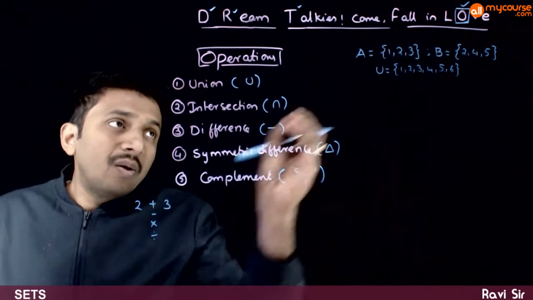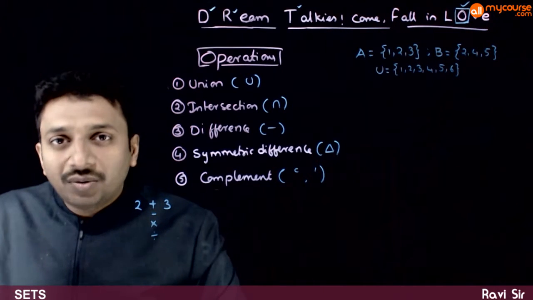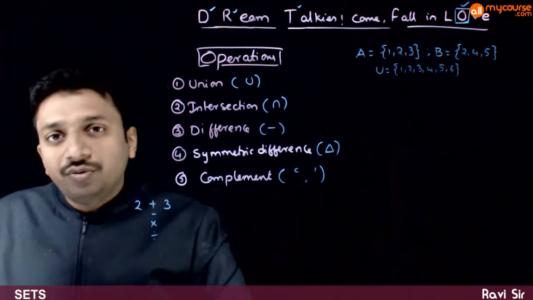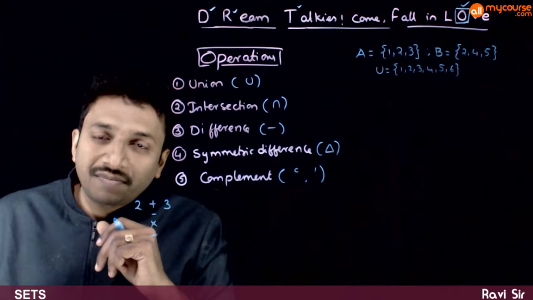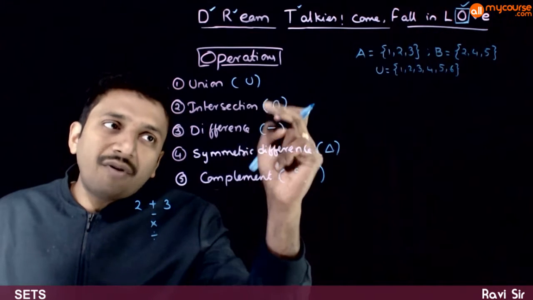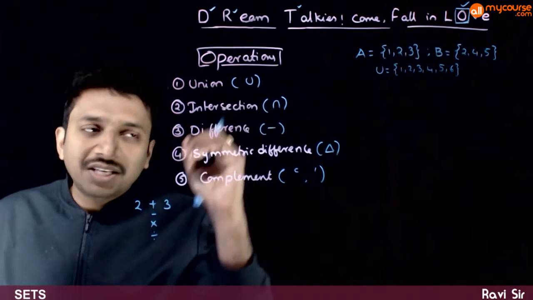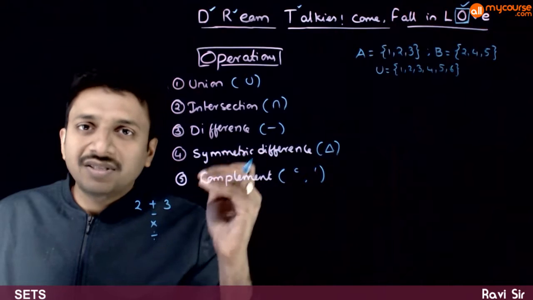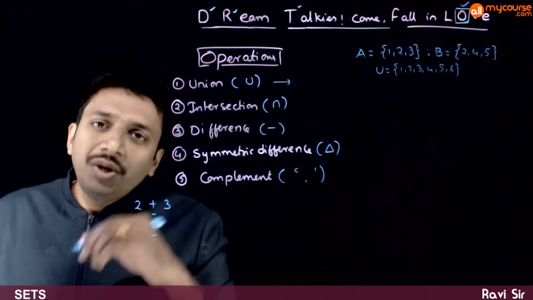Similarly, what are the operations that you can do on sets? Assume that you have set A, which is {1, 2, 3}, and you have set B, which is {2, 4, 5}. So what are the operations that you can do on these sets? There are 5 operations that you can do on sets: union, intersection, difference, symmetric difference, and complement. So what is union?